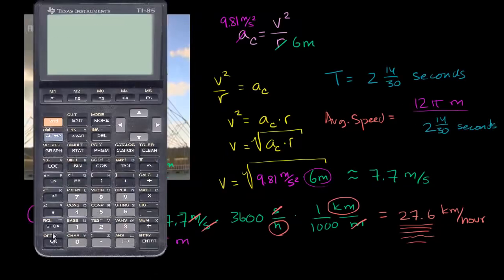So we're going to have, the distance is, let me clear this. So we have 12 pi meters divided by, let's write this as 2 plus 14 divided by 30, just to get the exact value. 2 plus 14 divided by 30. And then this gives us in meters per second, 15.3 meters per second.